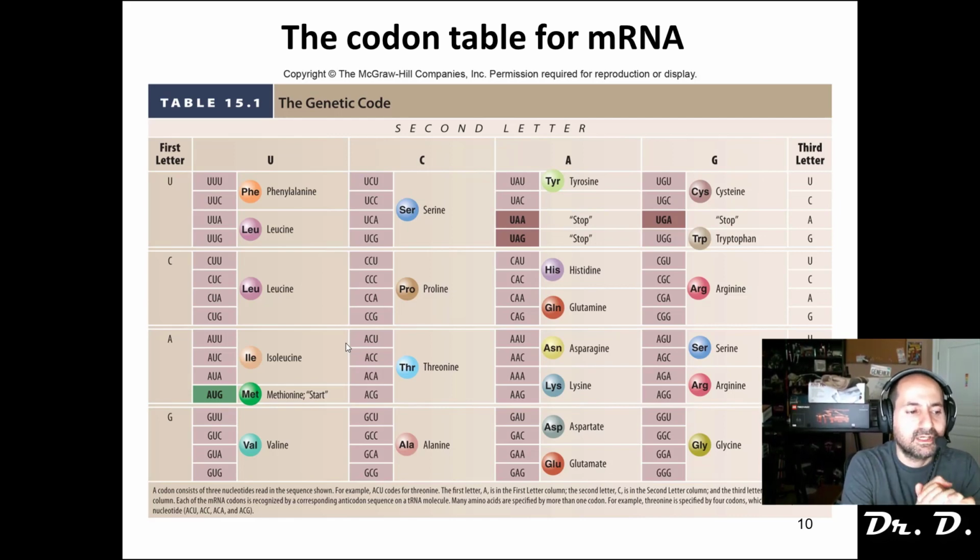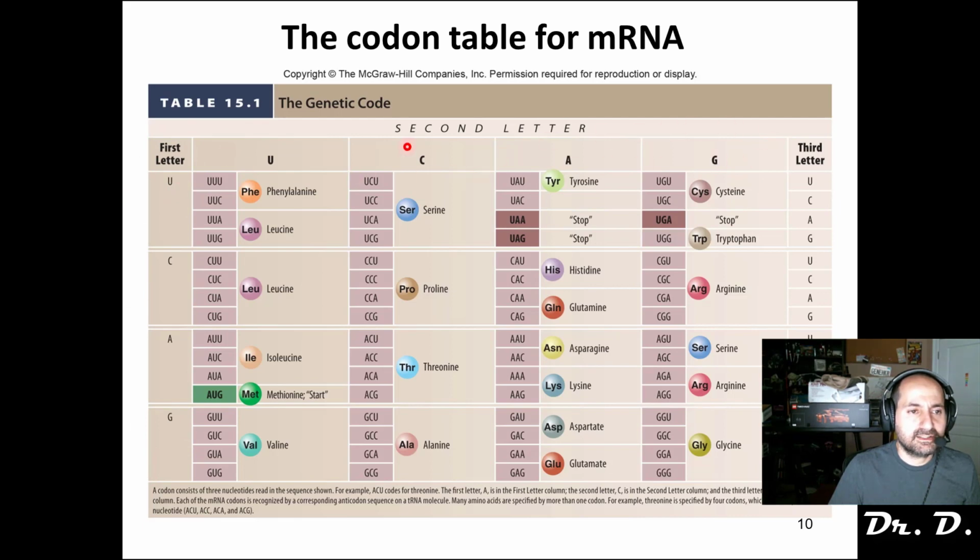Either way, it doesn't matter if you're talking about U's or T's. They mean the same thing. So here you've got U's, A's, C's, and G's, which is every 3-letter word you could possibly make in the genetic language. Okay, and also you can see here, here's the first letter of the codon.